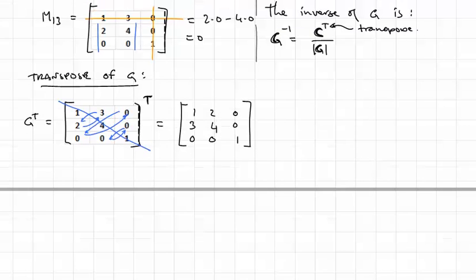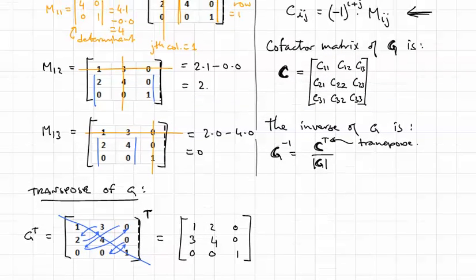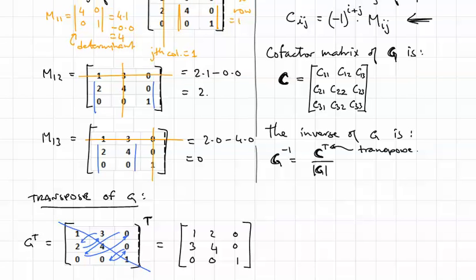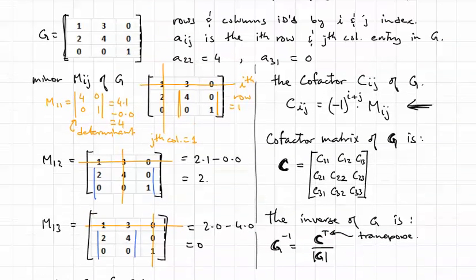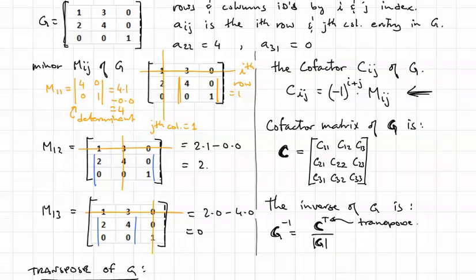And what we need to do up here to determine the inverse is the transpose of the cofactor matrix. So what's involved in taking the inverse? Well, you have to determine the cofactor. We have to calculate all the minors.